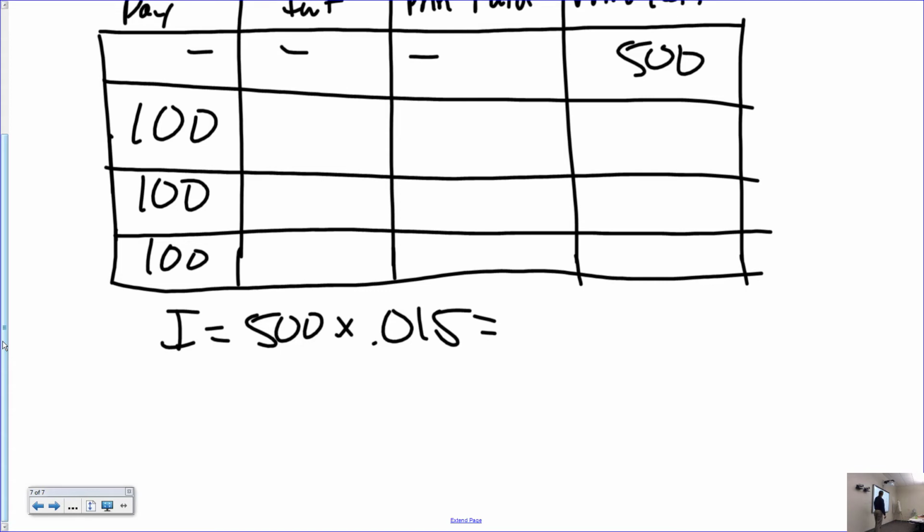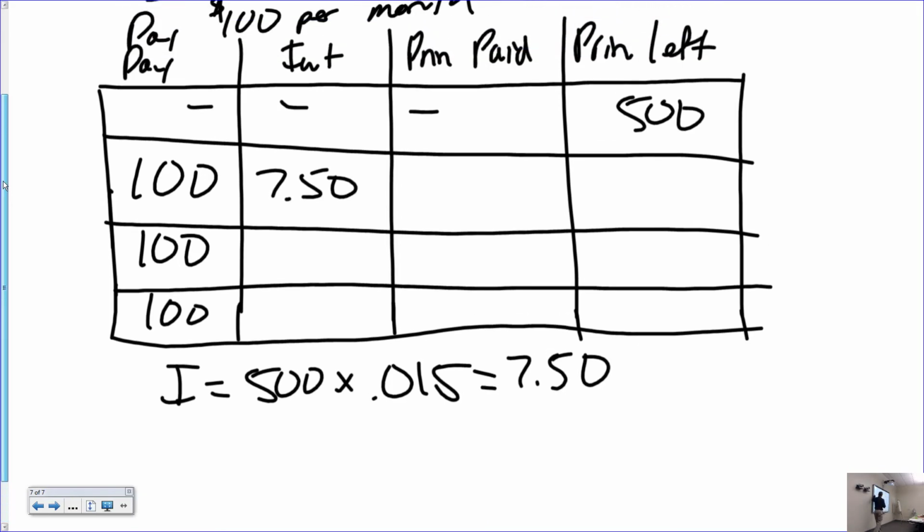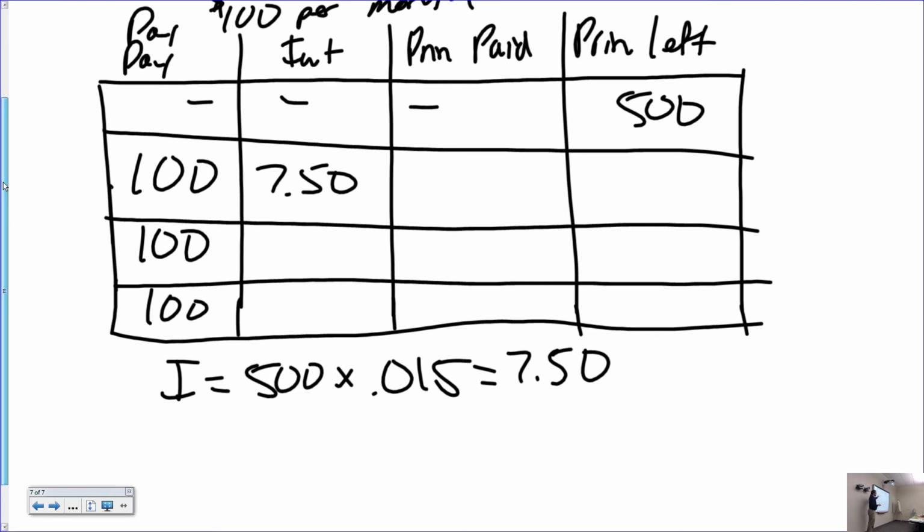So you owe $7.50 in interest. If you pay $7.50 in interest, how much of the chair is she buying? $92.50. Subtract that from how much she owes.